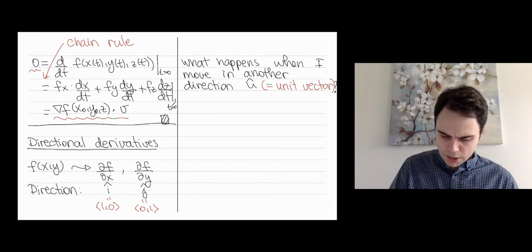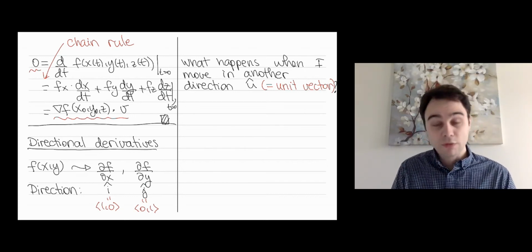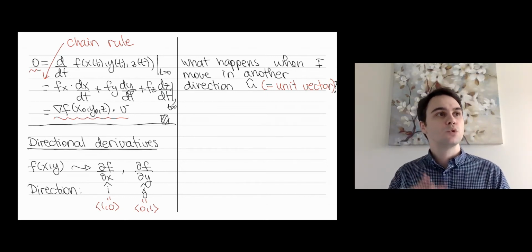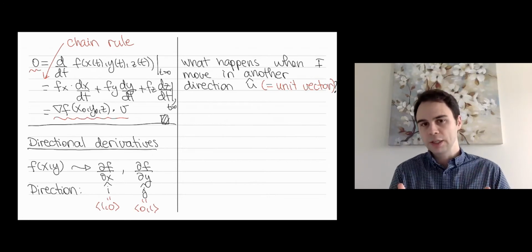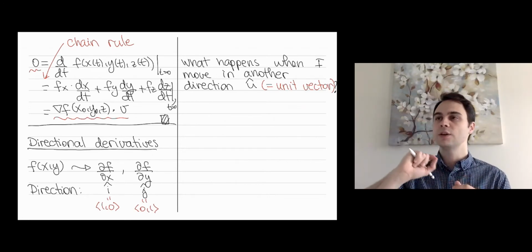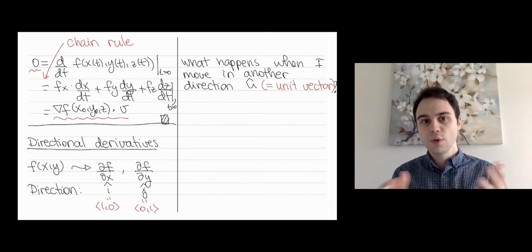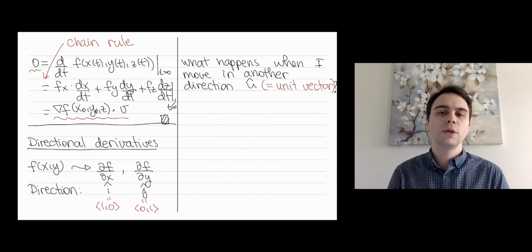Just a comment about our terminology. Normally a vector geometrically has two parts to it. One is the direction of the vector, and the other is the length of the vector. But if I look at a unit vector, so if I know the length is 1, the only information that's left is the direction.